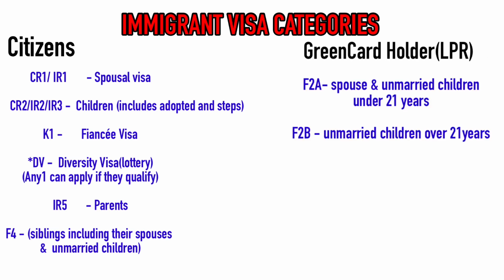When it comes to the spouse of a lawful permanent resident, which is a green card holder, that visa type is called F2A. It's a family-based category. F2A is for the spouse of a green card holder. And then we have F2B, which is the child of a green card holder.